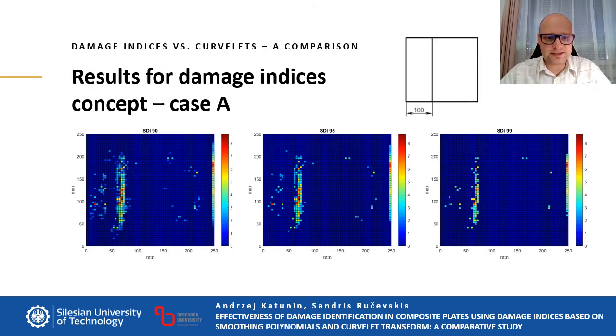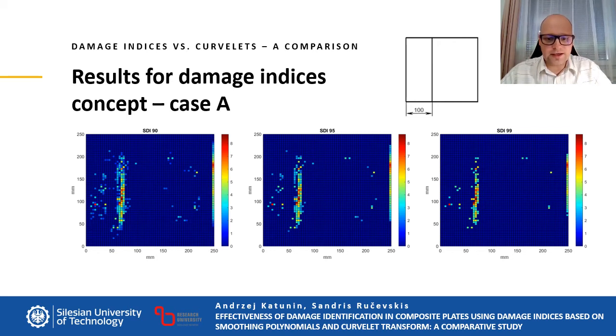And here you can see the results obtained using the damage indices approach for case A, so the case with the through-the-width crack. Always these results will be presented for different levels of confidence, so 90, 95, and 99%.